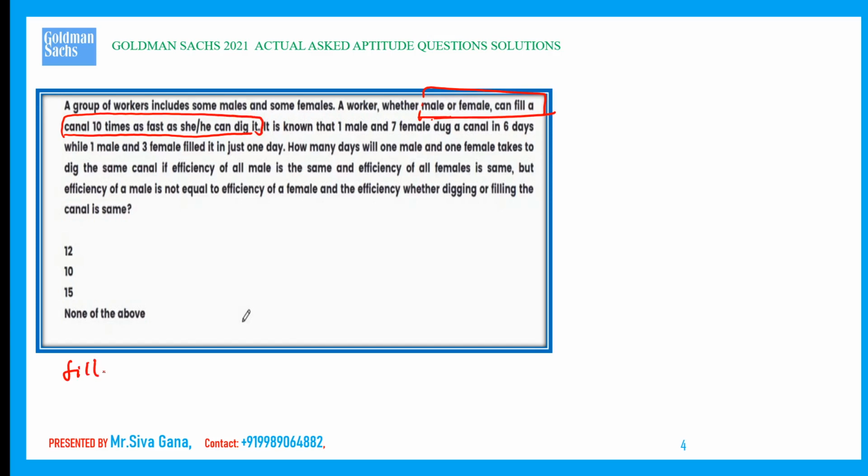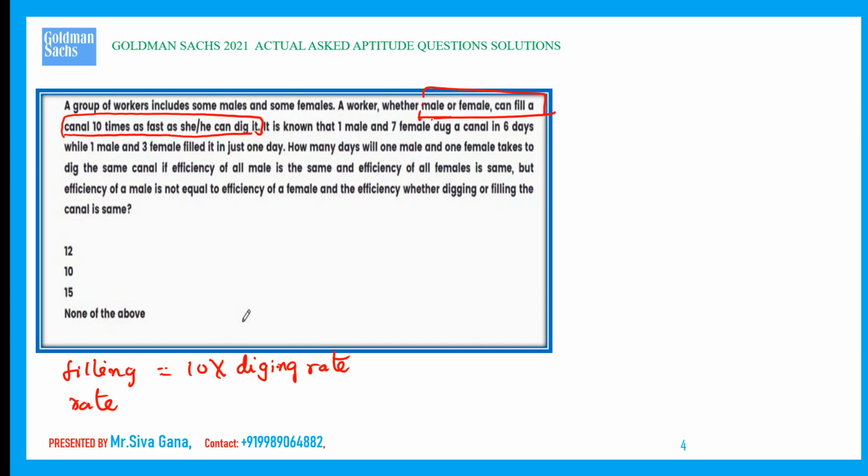Reverse is also okay: digging is 10 times less, that's okay.